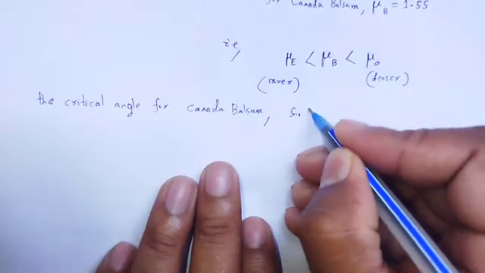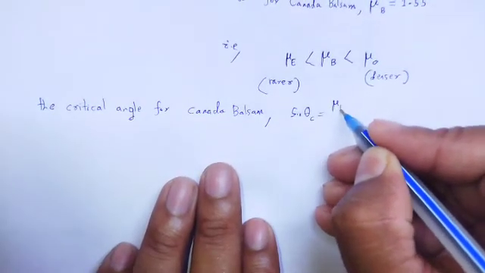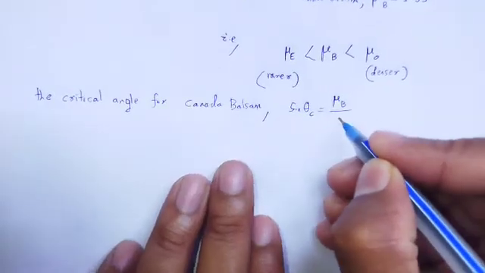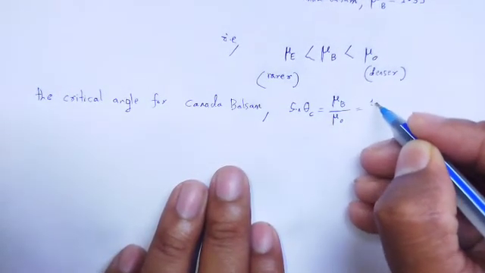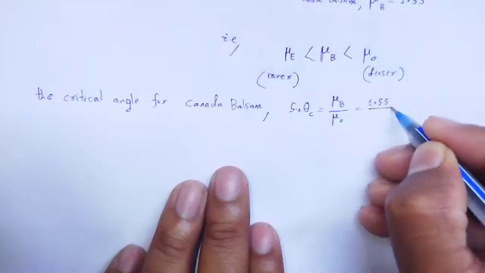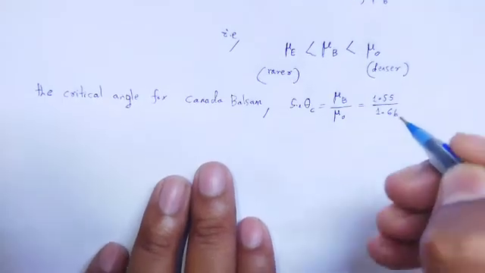That is, sine of theta c is equal to the refractive index of Canada balsam to the refractive index for the O ray, which is equal to 1.55 divided by 1.66.